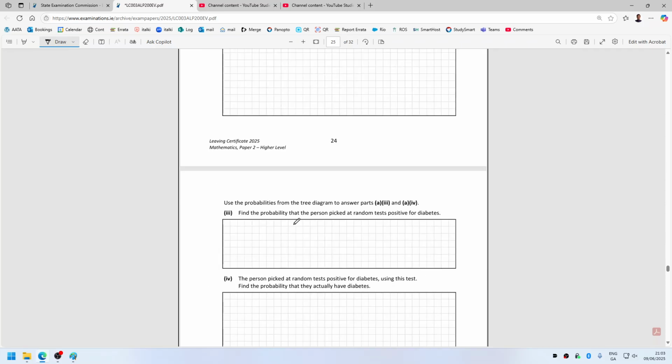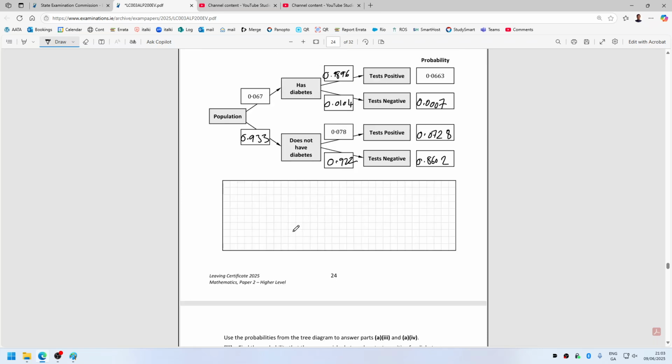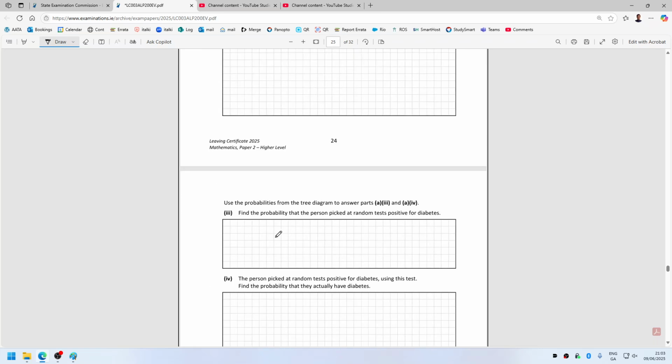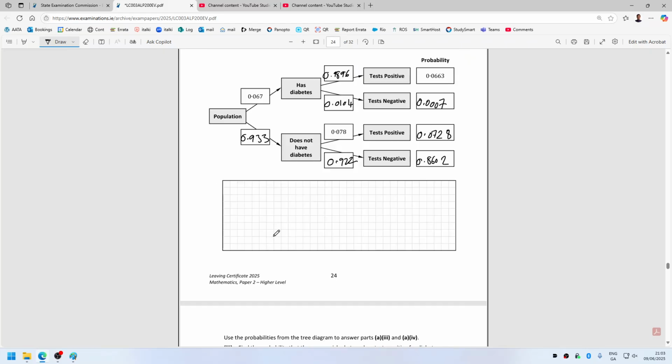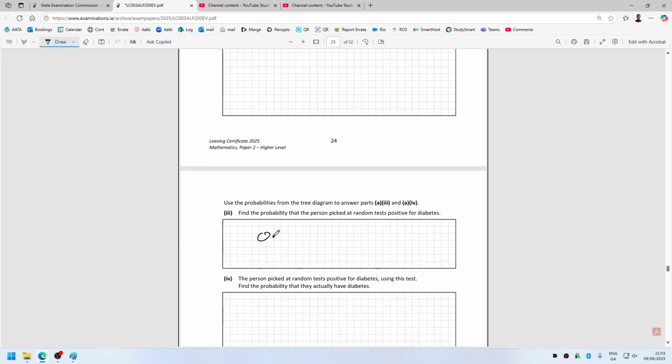Okay. Use the probabilities for the tree diagram. Find the probability that the person picked at random tests positive for diabetes using this test. 0.0663.